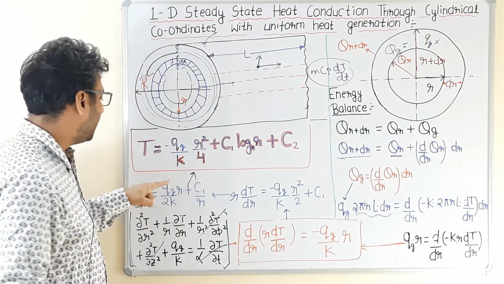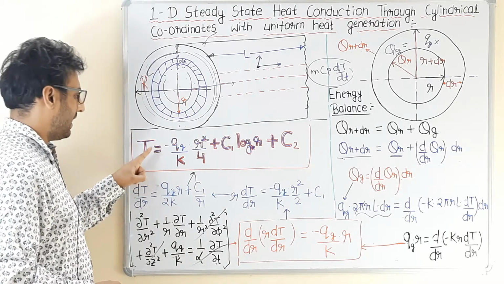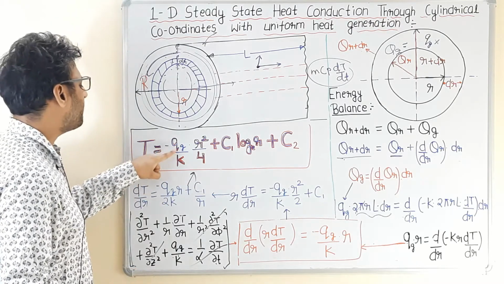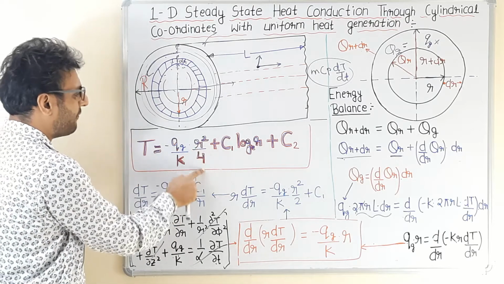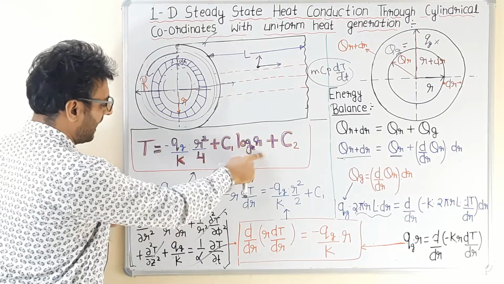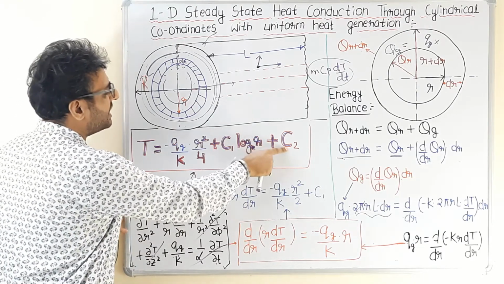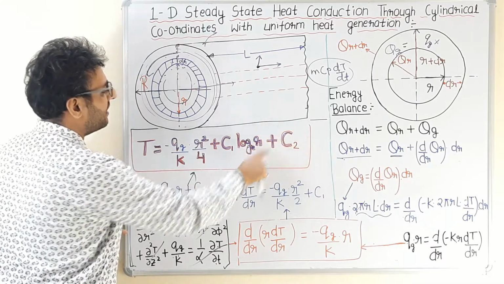After further integrating, we get the temperature distribution T equals minus Qg upon K times r square by 4 plus C1 log to the base e r plus C2. The integration of 1 upon r is log to the base e r, and C2 is the constant of integration.